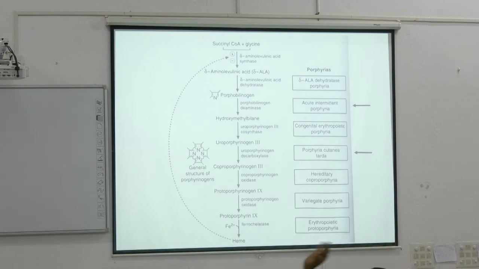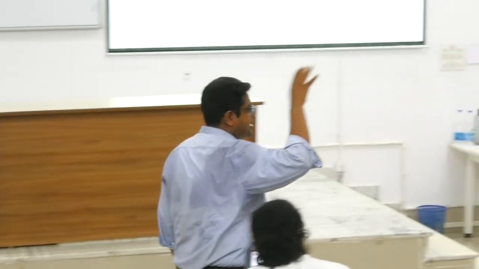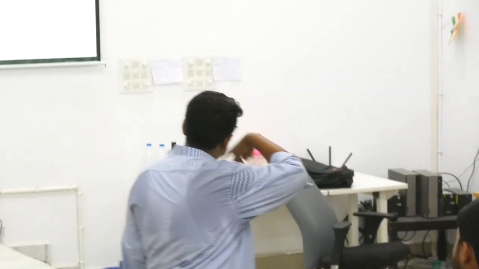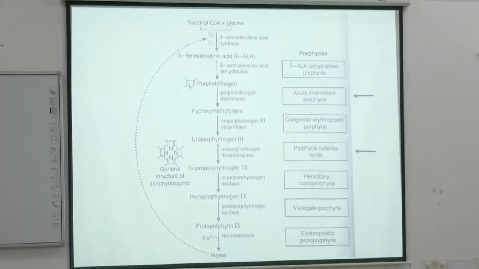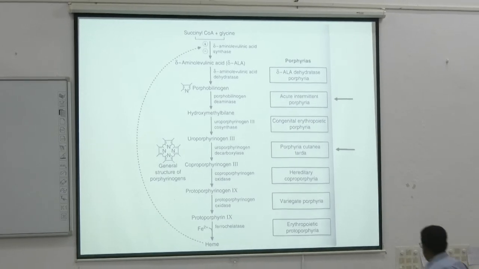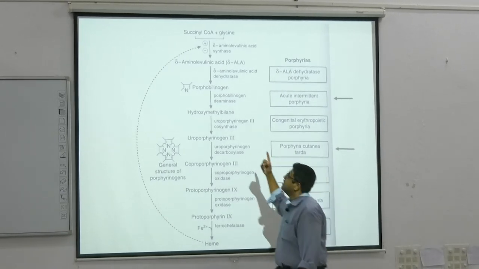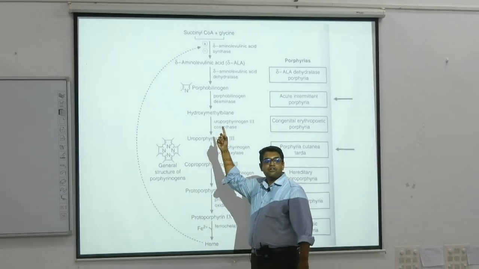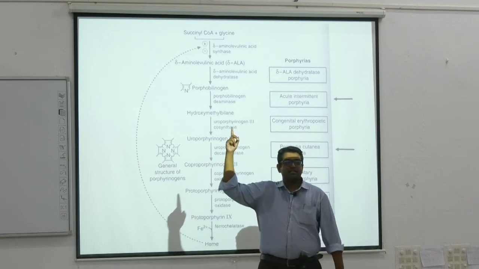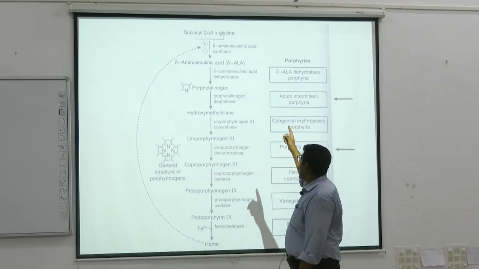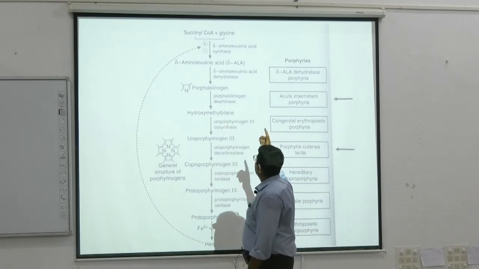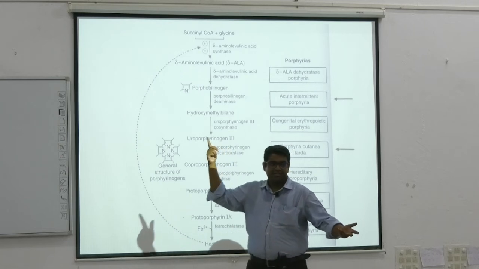You need to see it day in and day out, with the regulation and with the enzyme deficiency and the disease associated. Succinyl CoA plus glycine will give you delta-aminolevulinic acid. The enzyme is ALA synthetase, and deficiency of it causes nothing.